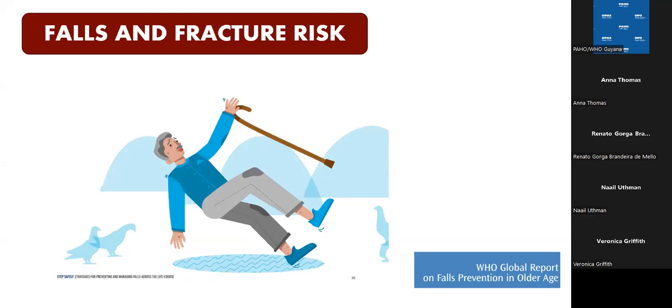Falls are considered a major geriatric outcome, a geriatric syndrome. It is one of the giants of geriatrics, one of the big I's, from instability. Falls are associated not only with fractures and direct injuries, but also with a syndrome called fear of falling, and with a vicious circle.